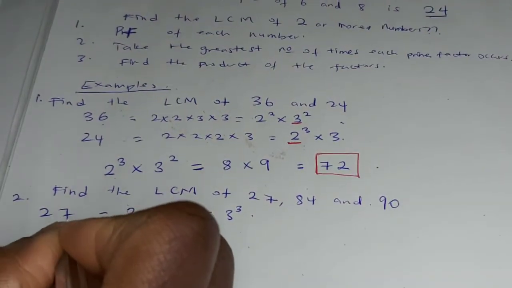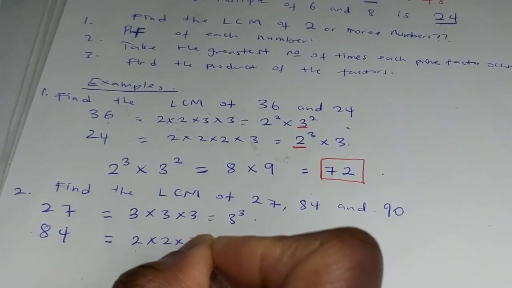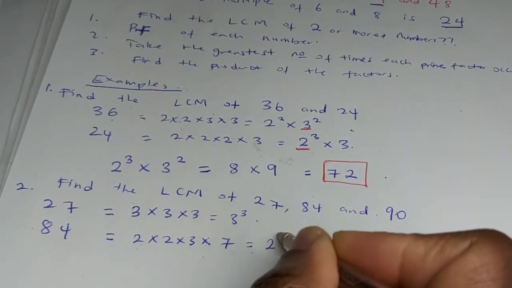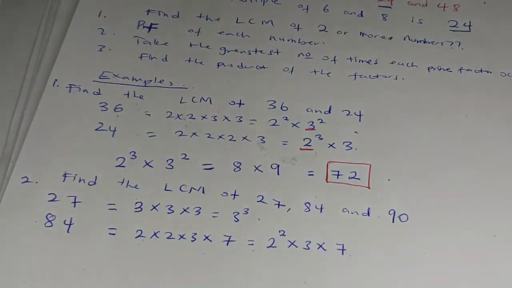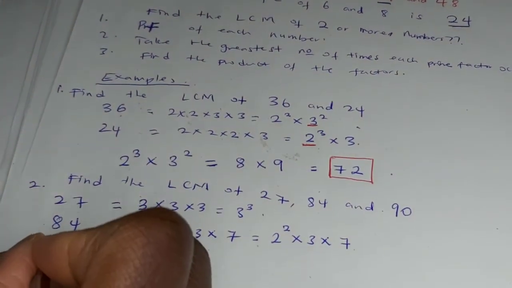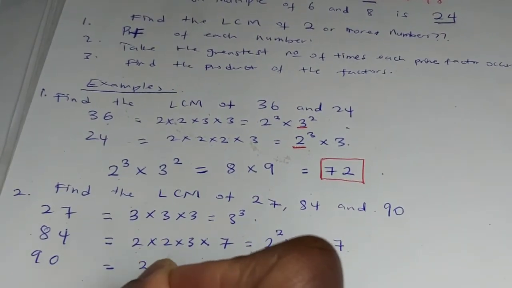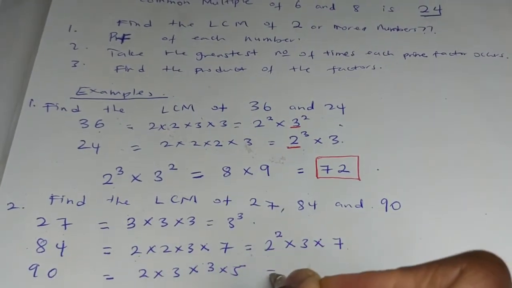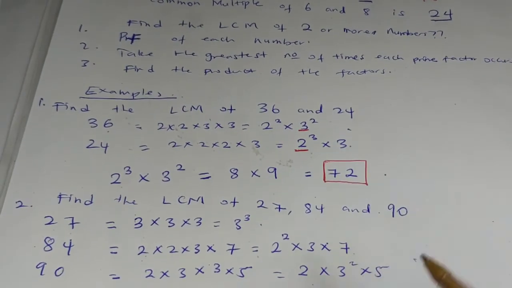For 84, we have 2 times 2 times 3 times 7, which is 2 squared times 3 times 7. And for 90, we have 2 times 3 times 3 times 5, which is 2 times 3 squared times 5.